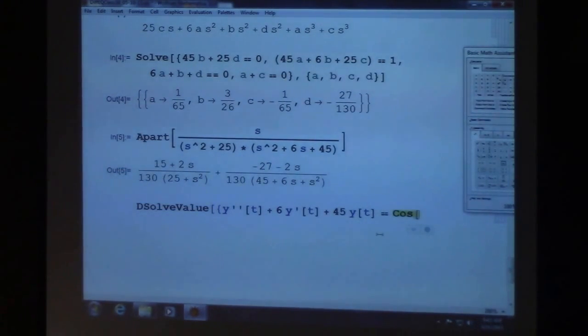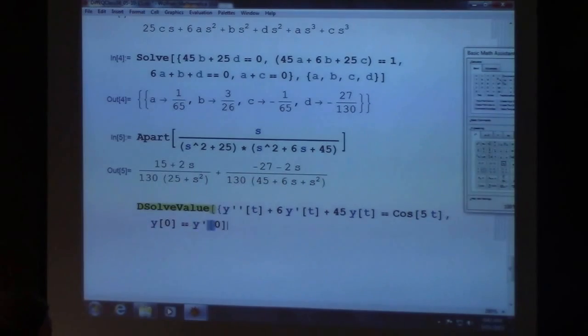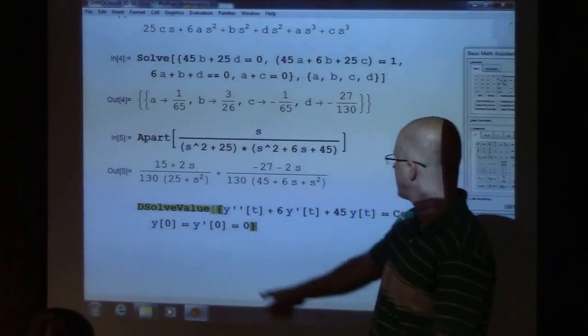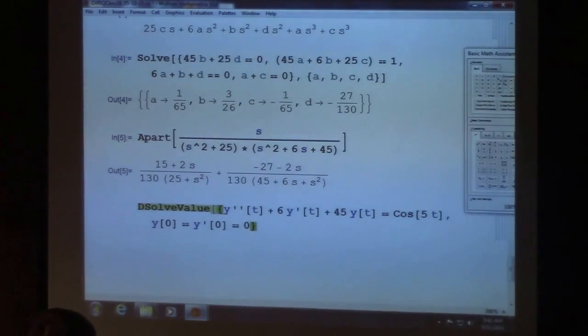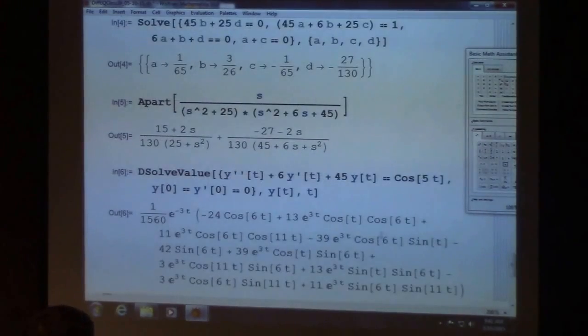There it was, 5t. y of 0 and y prime of 0 are both 0, and you can do that in a compound way like this. You don't have to put two separate equations when they equal the same thing. You can do that all at once there. Comma y of t, comma t. I think initially here it's not going to look so nice.